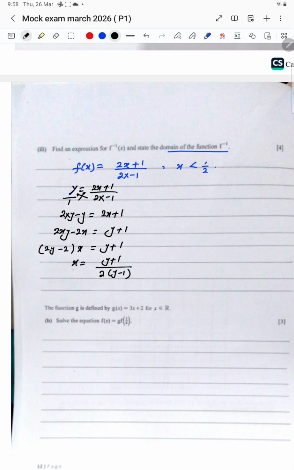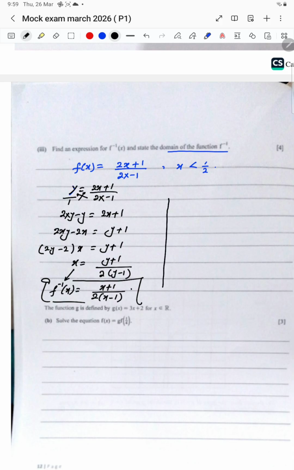So here f inverse of x is x plus 1 over 2 times (x minus 1), that is the inverse function. Now we have to calculate the domain of the inverse function.